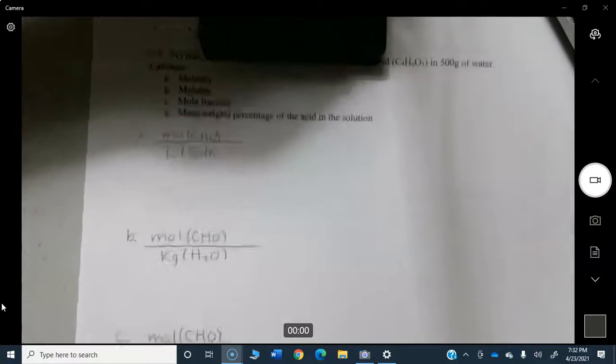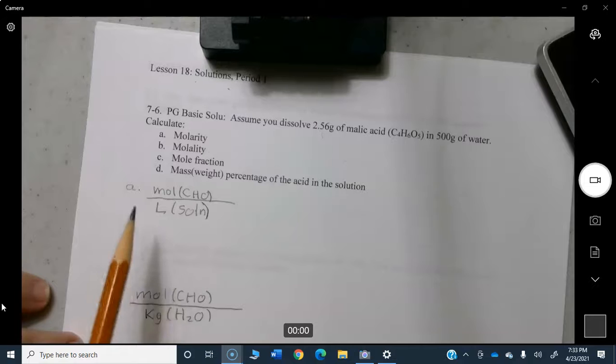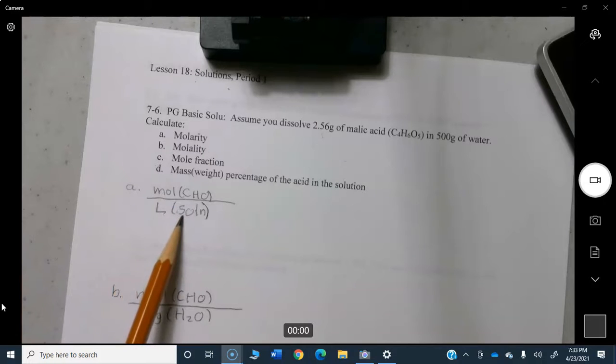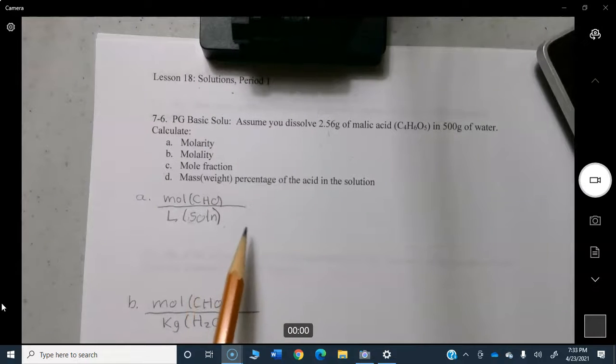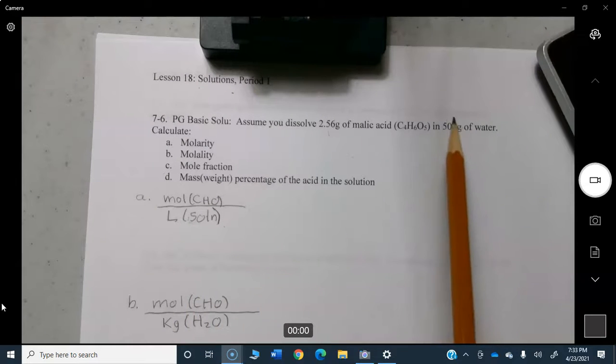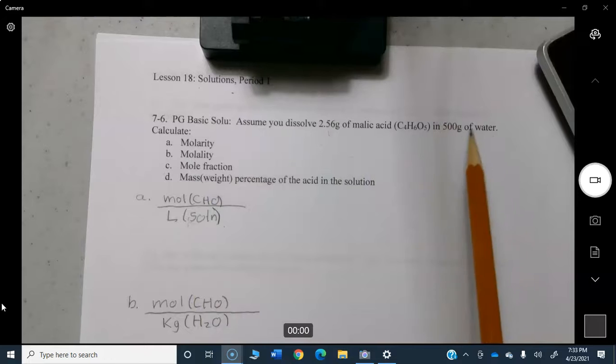So now we can come back up and work through these. Okay, so moles of CHO over liters of solution. Well, here's a problem. We don't know how many liters of the solution we have. We can assume that the liters of solution is very close to the liters of water. You can't always do that.